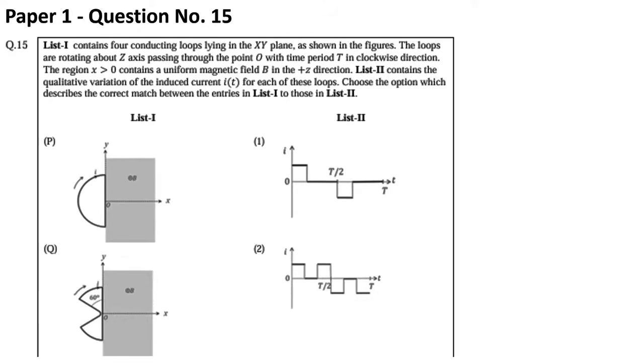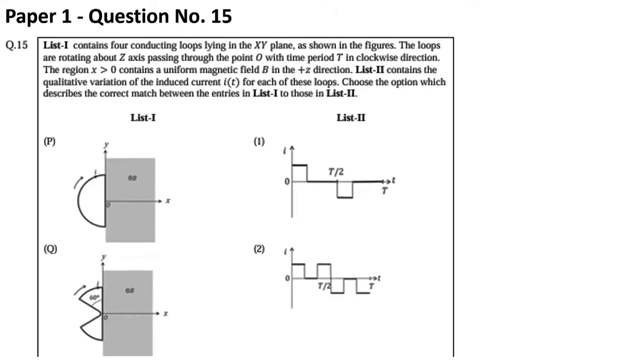Now think of it like this. This is the current positioning of the loop. From here till the loop attains this position, it is rotating, right? Till it rotates from here till here, the magnetic flux through this loop will be 0.